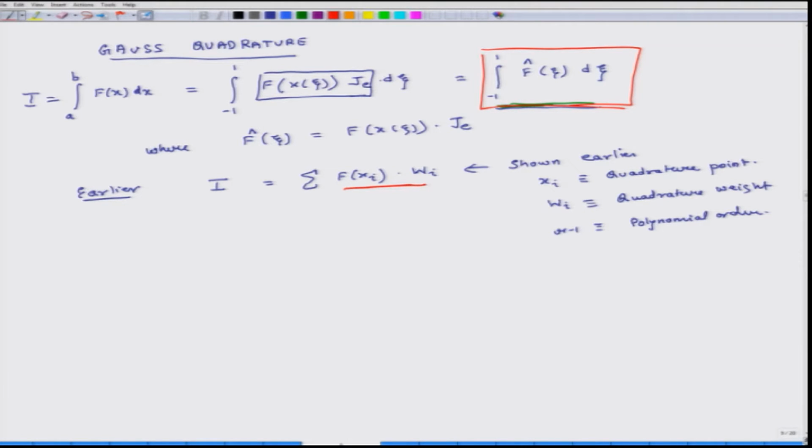For instance, for the trapezoidal rule, I was f1 times h by 2 plus f2 times h by 2, where f1 was the value of that function at the first node in the x coordinate system.